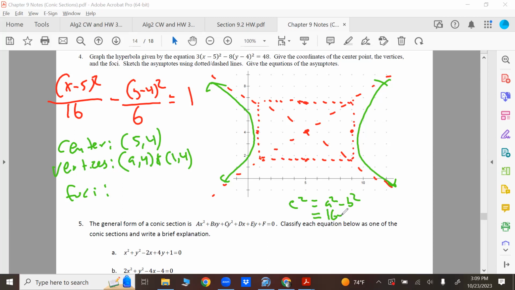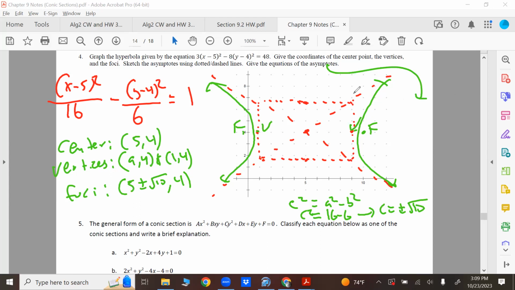What's b? 2.5 squared is actually. Oh, you're sure. Y'all got this?